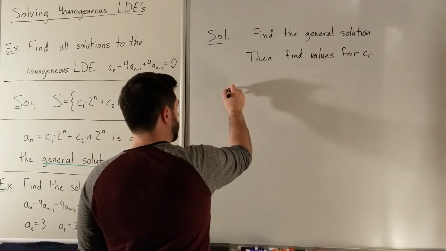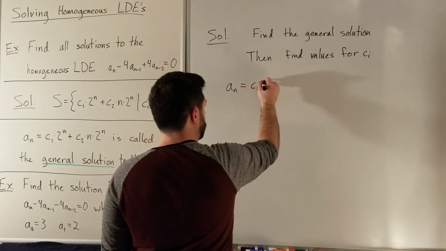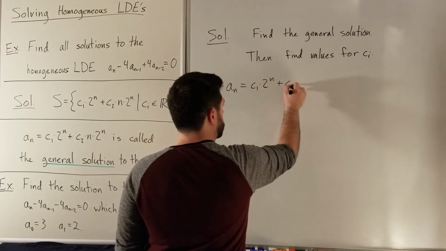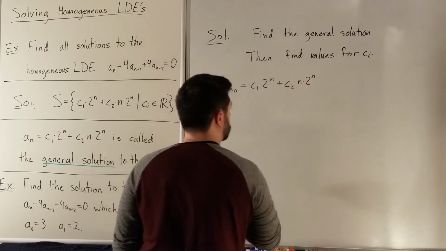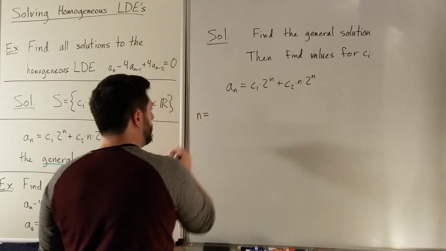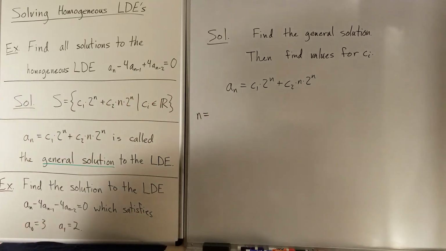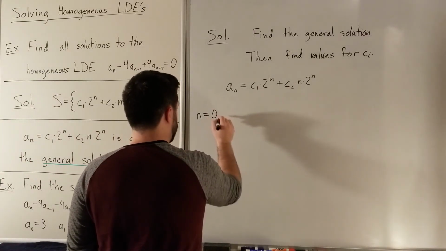Okay, so we have a sub n is equal to C1 times 2 to the n plus C2 times n times 2 to the n in this case. And we want to plug in specific values for n. In particular, this thing should hold for all n greater than or equal to 0, which includes 0 and 1. So I'm going to plug in 0, and then I'm going to plug in 1.